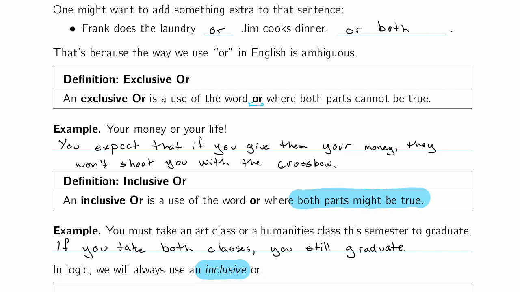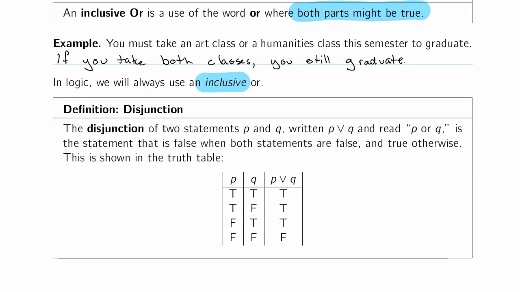And that's our definition of what's called a disjunction. The disjunction of two statements, where we write P and then this V shape and then Q, and read it as P or Q, is the statement that is false when both statements are false and true the rest of the time.